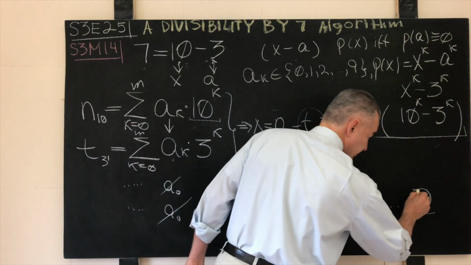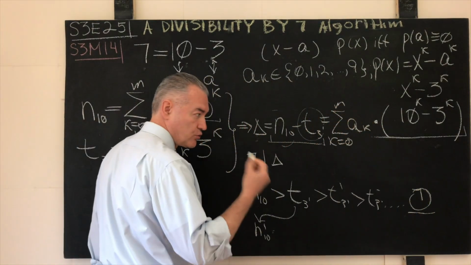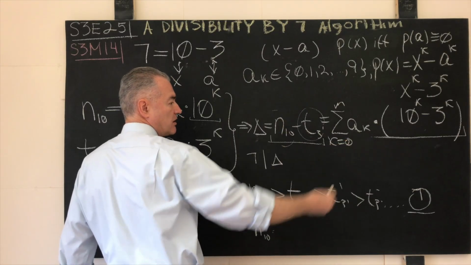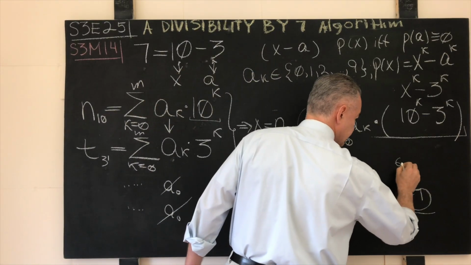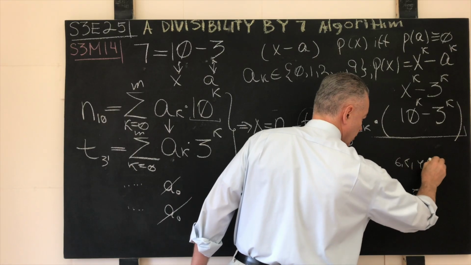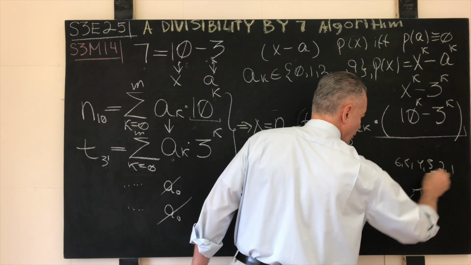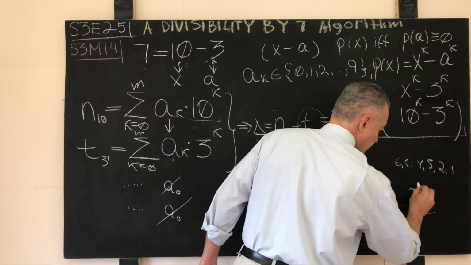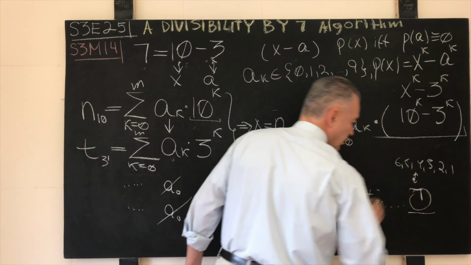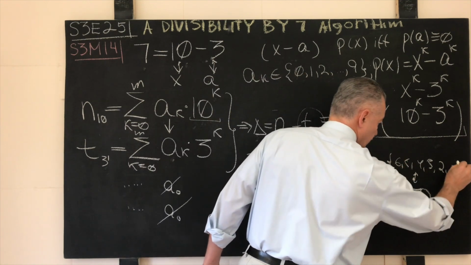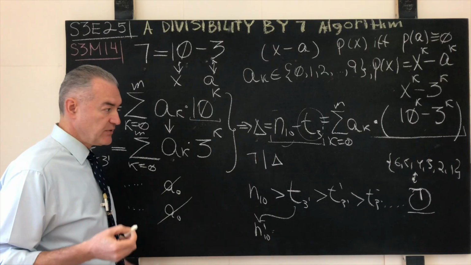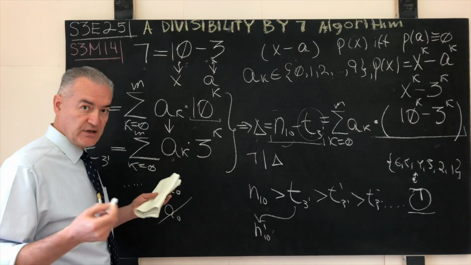It will be either 7, we wonder, or it will be a number from which set? Well, it could be 6, 5, 4, 3, 2, or 1. One of these numbers. So it's 7 versus any number from this set. And what does that mean? That means that our algorithm is designed and we are done.